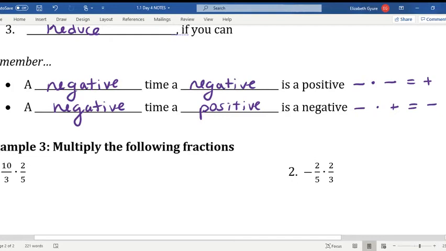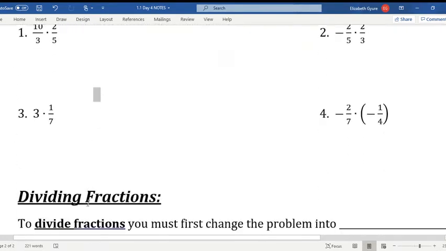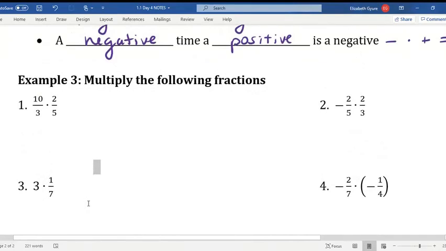You with us, Corey? All right, so let's just dive into this. We're going to multiply the following fractions. So we have 10 over 3 times 2 over 5. So how you want to start this is up to you.